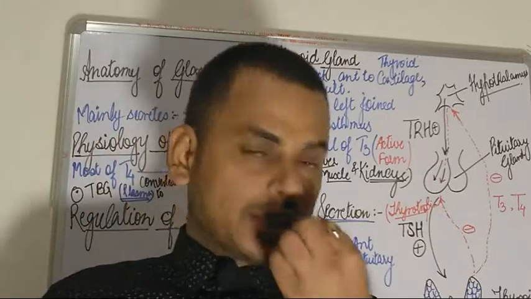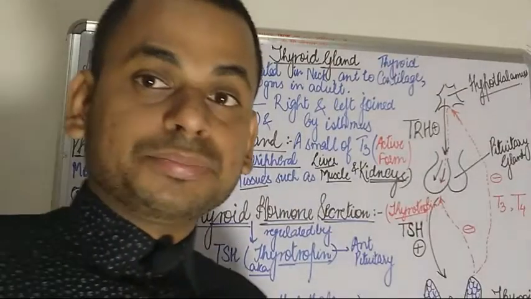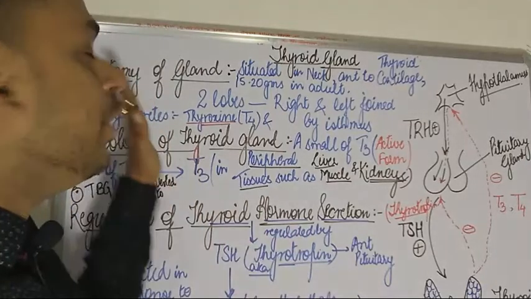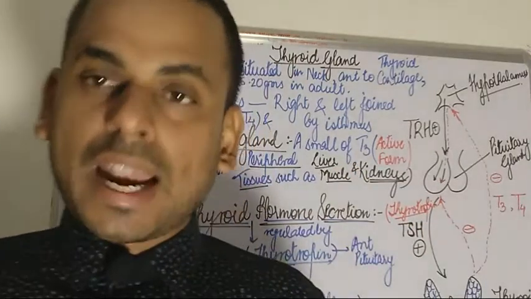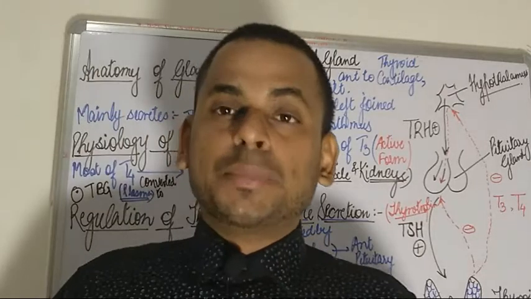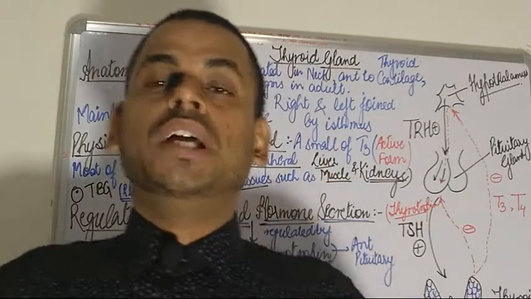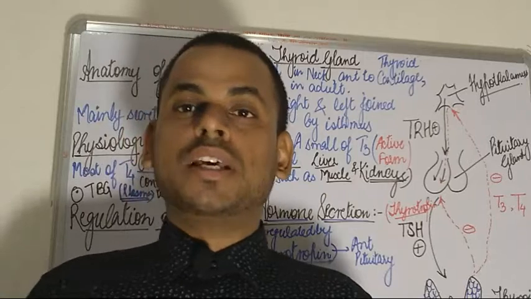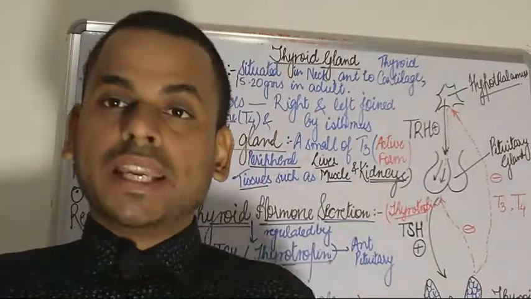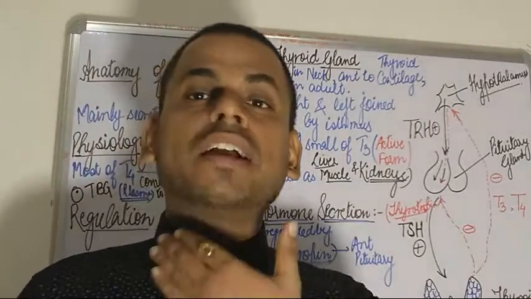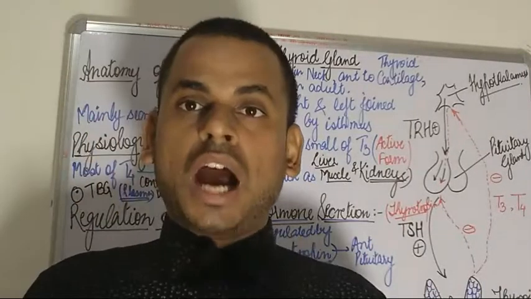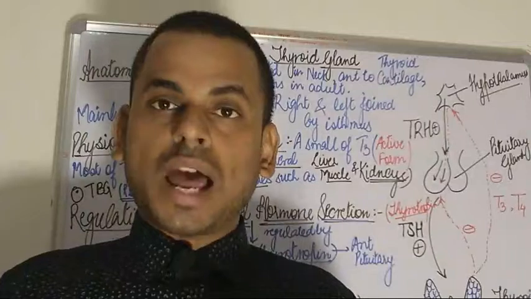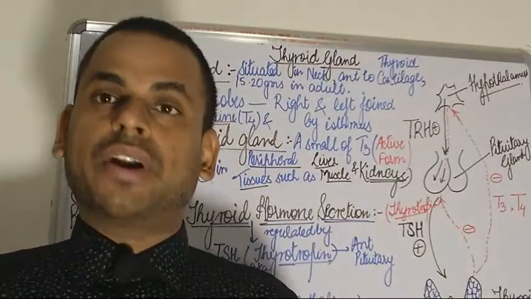Just before beginning with the topic, I will have a short review of the anatomy of the thyroid gland. In the previous videos I have already told you that the thyroid gland lies in the anterior region of the neck, just anterior to the thyroid cartilage.